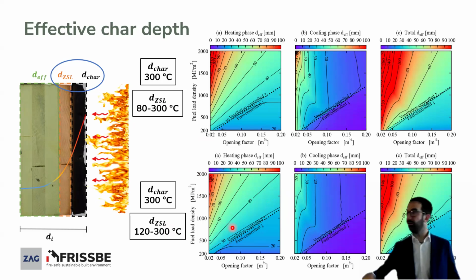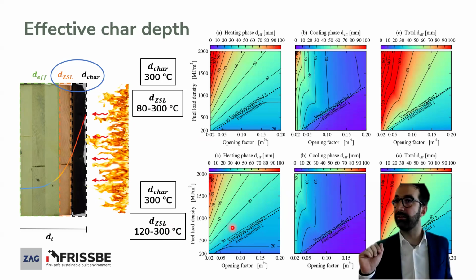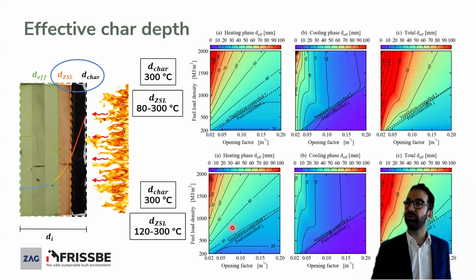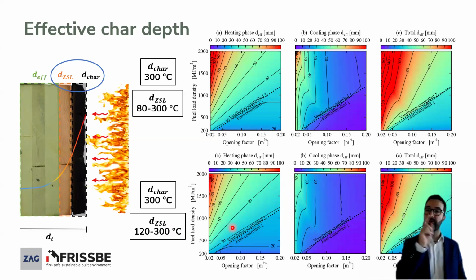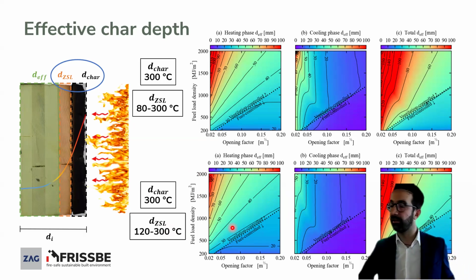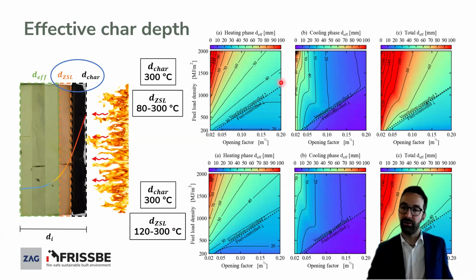Top left corner, if you remember from the previous slide, when I showed you the evolution of the fire condition as a function of opening factor and fuel density, you see that the top left corner had the longest fire durations, while the highest temperatures in the compartment were achieved in the top right corner.